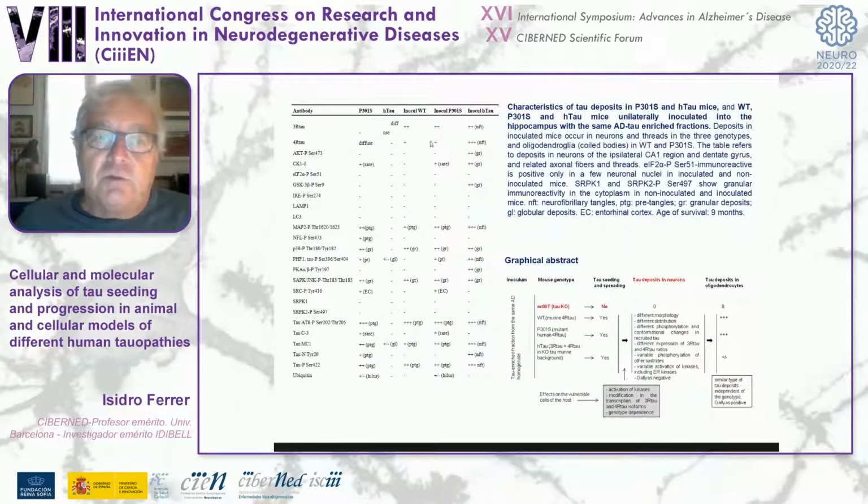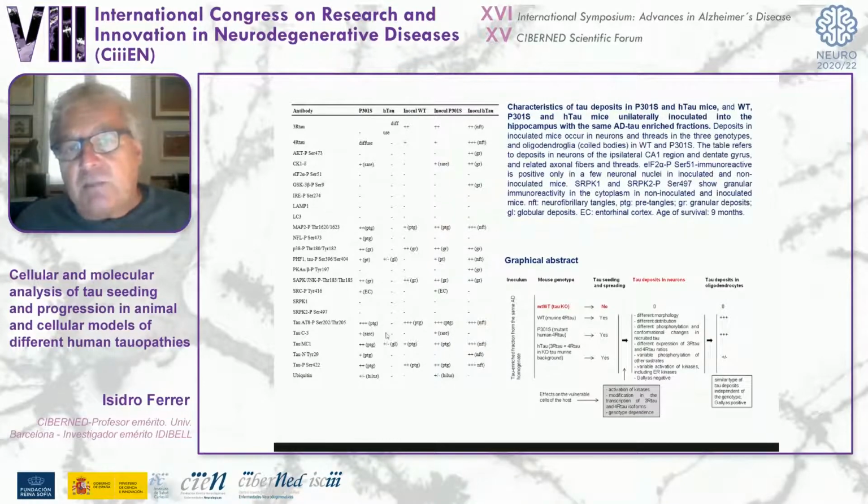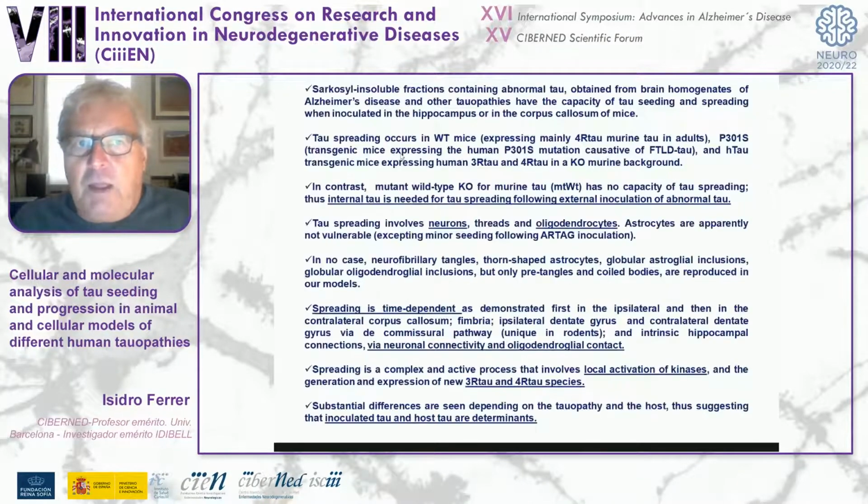And here is a summary of the difference among these different types of animals. And what is very clear is that following exactly the same inoculum into the same region of the brain produce different types of deposits.